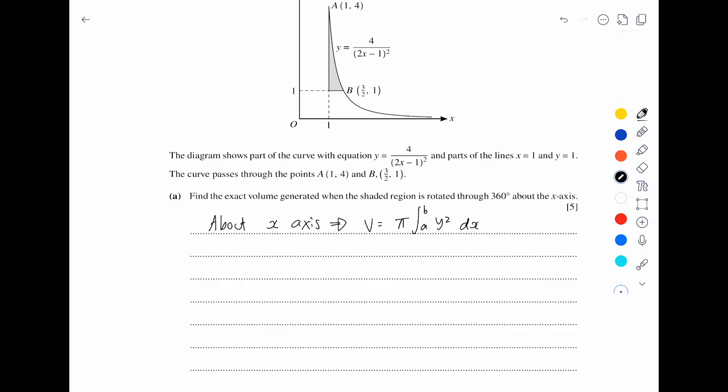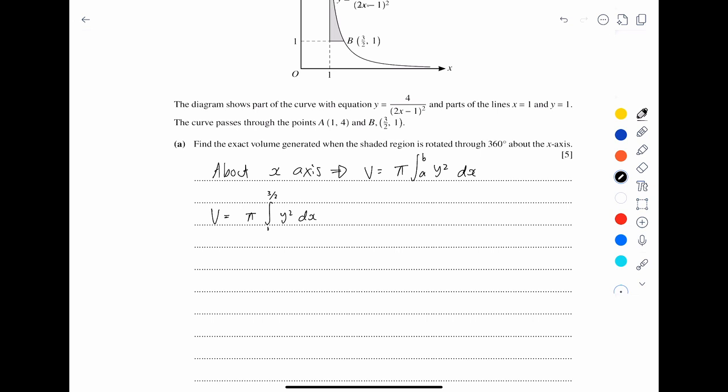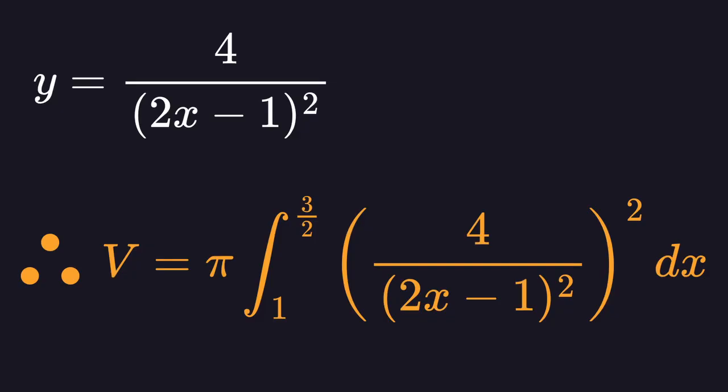So, simply plugging in our values here, we get V is equal to pi times the integral between 3 over 2 and 1 times y squared dx, which gives us pi times the integral between 3 over 2 and 1 of 4 over (2x minus 1) squared dx, which gives us the volume, right?